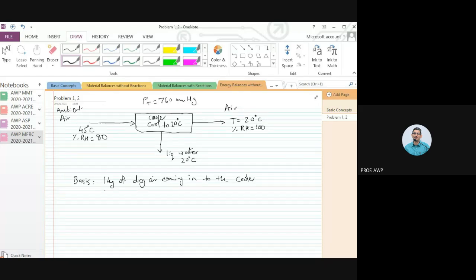So I would like you to calculate the amount of heat to be removed from the air entering the cooler, per kg of incoming dry air.